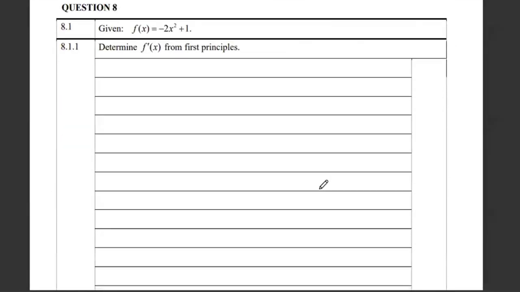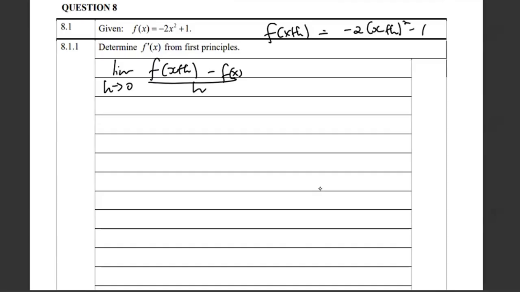All right, then 8.1, calculus. First principles, we know that the formula is the limit as h tends to 0, f of x plus h minus f of x over h. Okay, so if that's our f of x, then our f of x plus h is going to be negative 2 into x plus h squared minus 1.